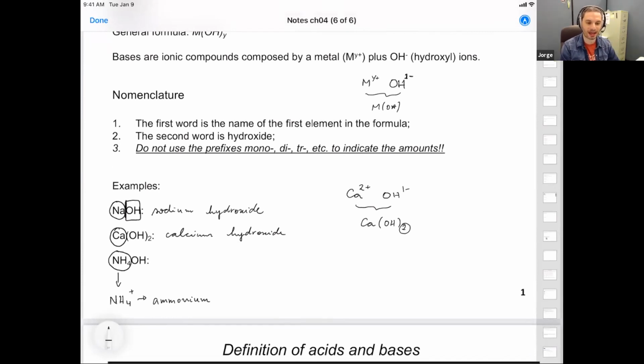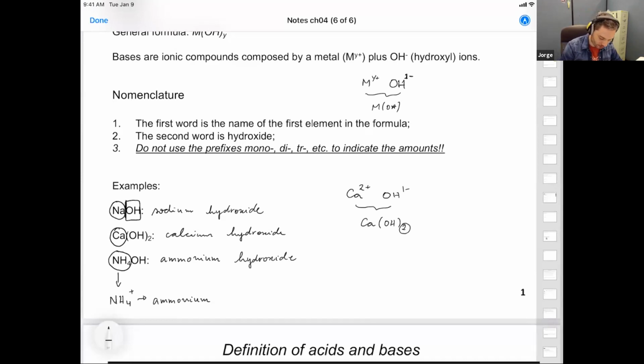Therefore, NH4OH is going to receive the name of ammonium hydroxide. So every time we have that NH4 compound, the charge is always going to be 1 plus, and the name of that ion is ammonium.